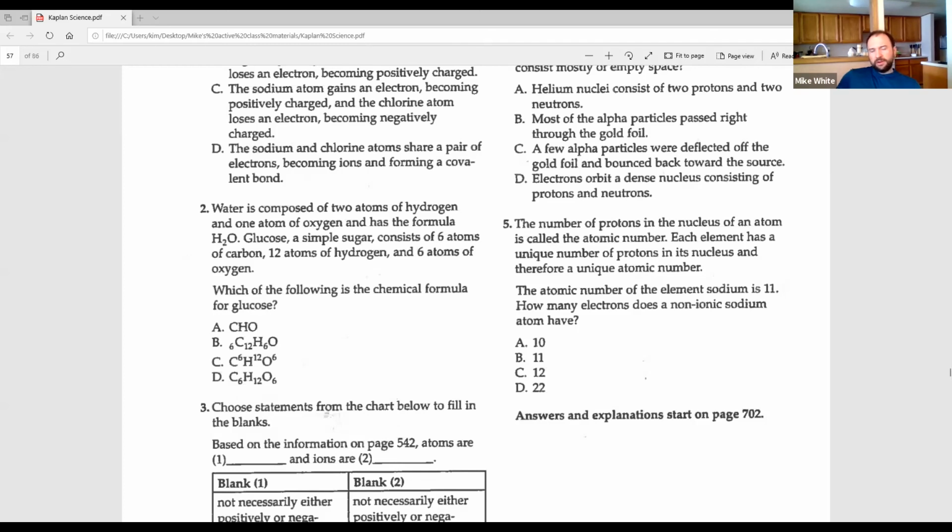So number 5 here says, and if you're not done, that's fine. Just keep going through it while I'm talking. And for other people that are watching this or will watch it later, I'll just talk through it.